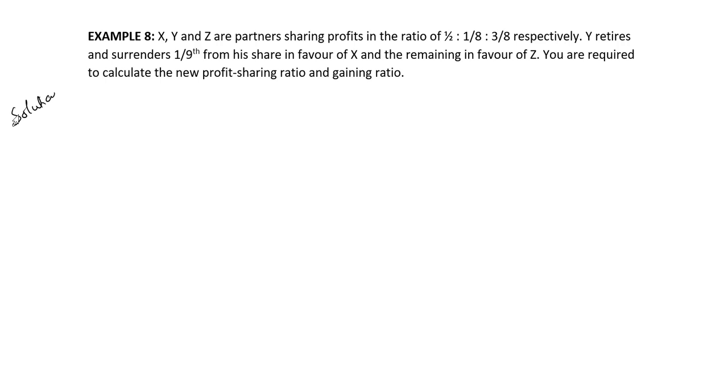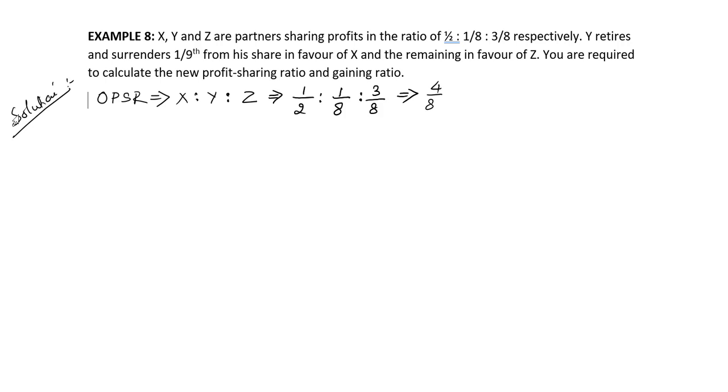Solution. As per the problem, old profit sharing ratio between X, Y and Z is equal to 1 by 2 is to 1 by 8 is to 3 by 8, which can be written as 4 by 8 is to 1 by 8 is to 3 by 8, or in other words 4 is to 1 is to 3.